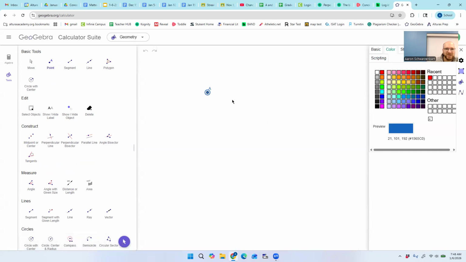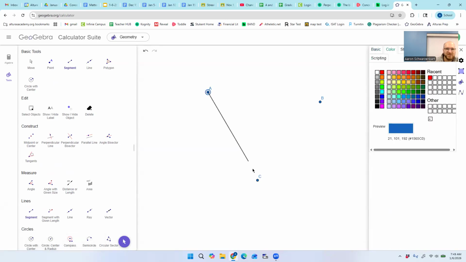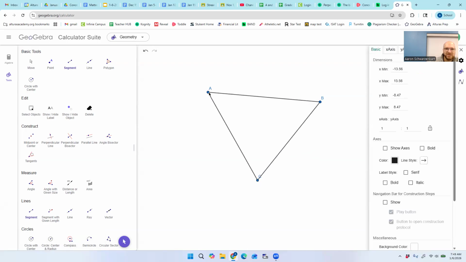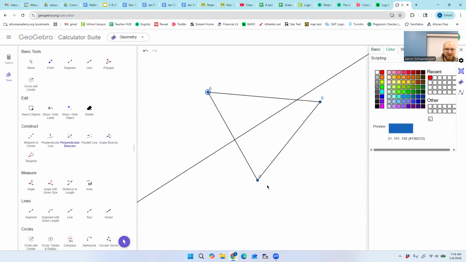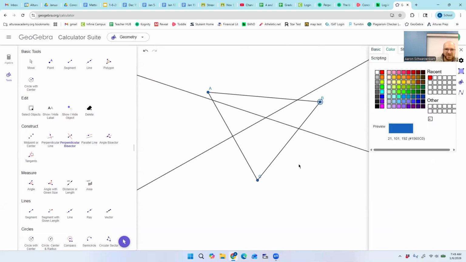So I'm going to create a triangle. And instead of going through the work of doing that by hand, I'm going to use the perpendicular bisector tool, under construct.